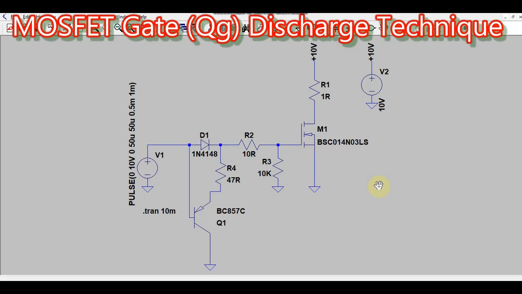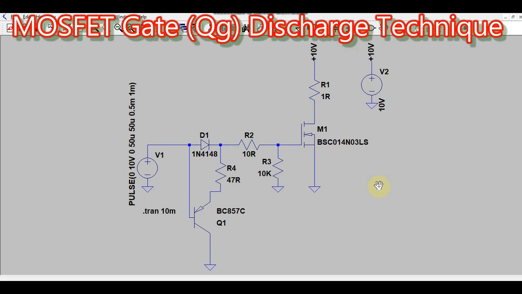Since the MOSFET has some input capacitance, during the turn on of the MOSFET the capacitor gets charged, and during the turn off of the MOSFET the capacitor should get discharged to avoid any switching losses, right? So today we are going to understand how we avoid the switching losses of the MOSFET.